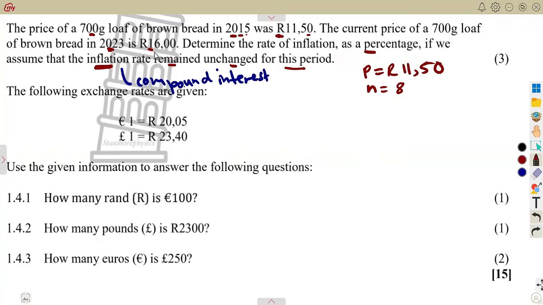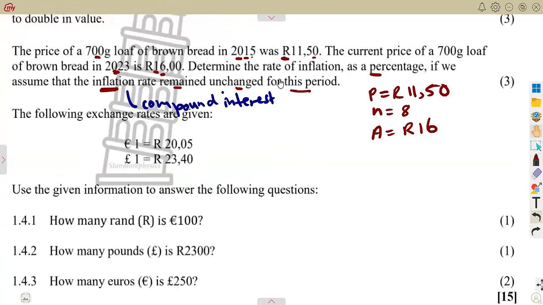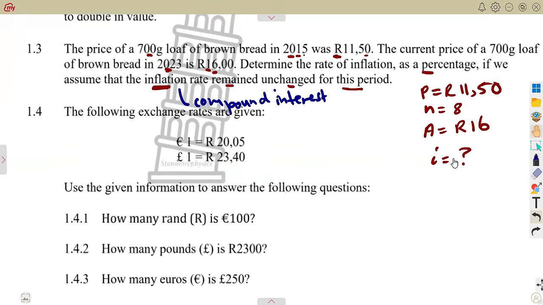Then this 16 will be the amount. Remember, I'm talking about the compound interest formula. So this will represent your A, and the inflation rate is our interest. Determine the rate of inflation, that is our interest. So we can determine this i from our compound interest formula.